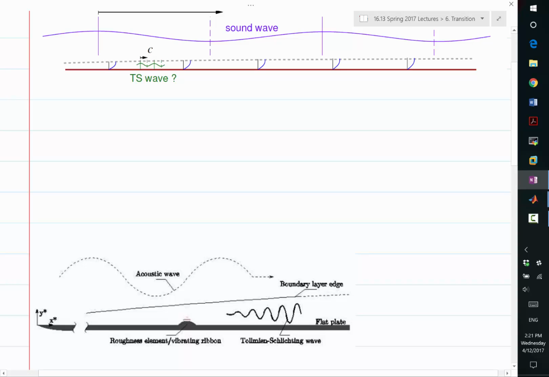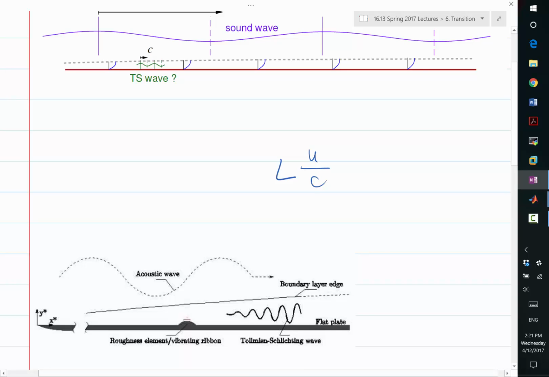If you have a feature like this, when the long acoustic waves hit this geometric feature, if you look at the Navier-Stokes equation, there is a mechanism for the pressure waves to translate into entropy waves. Then you have a conversion mechanism that converts spatial length scales of L into length scales of L times U over C, where C is the speed of sound.